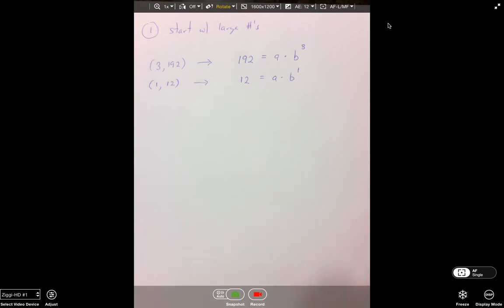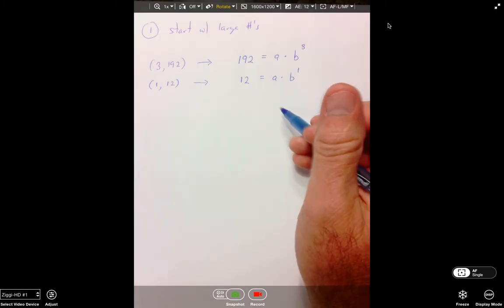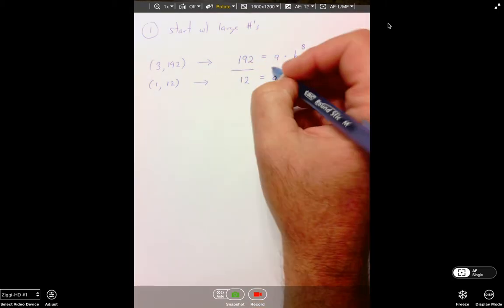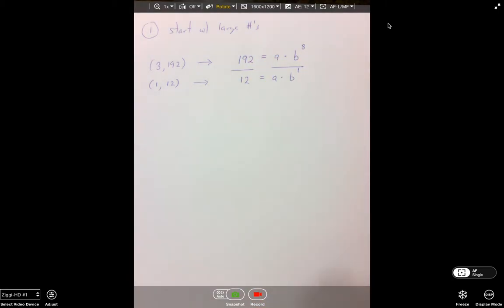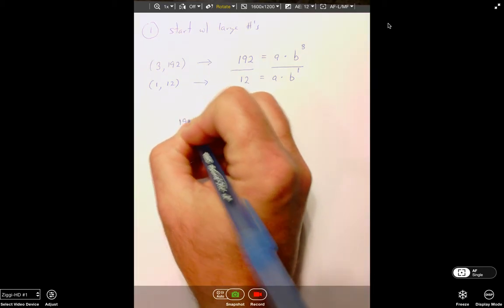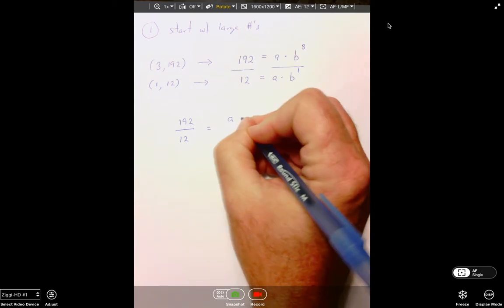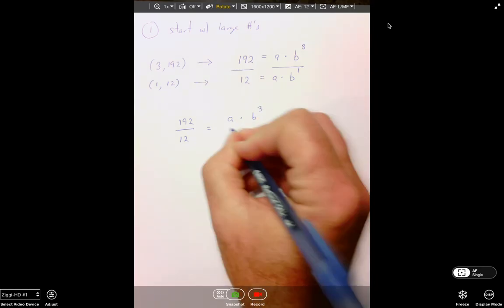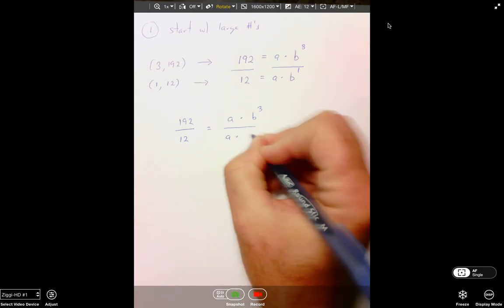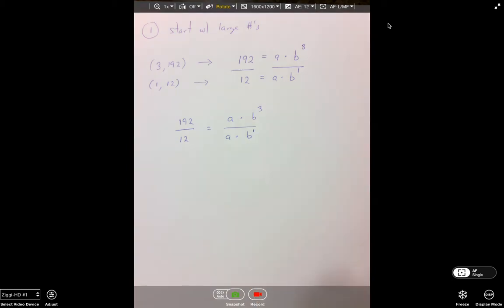All right. Now what I'm going to do is some trickery, and I'm going to divide both sides and create this.